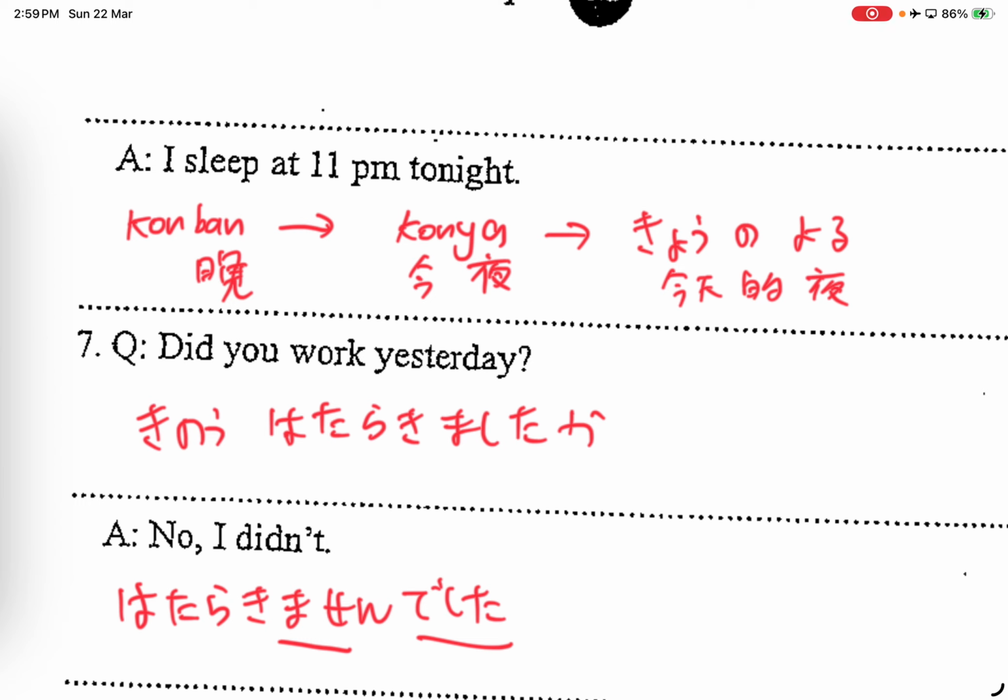Did you work yesterday? あなたは昨日働きましたか? Right? As a question, we just need to put a ka at the end. So 昨日働きましたか? Yesterday, worked?